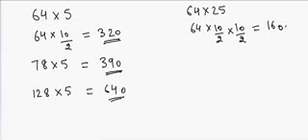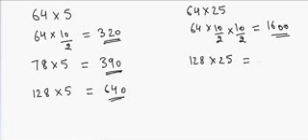The answer is 1600. Again, if I have 128 and want to multiply by 25, in that case it will be equal to half of 128 is 64, and half of 64 is 32, it's 3200.